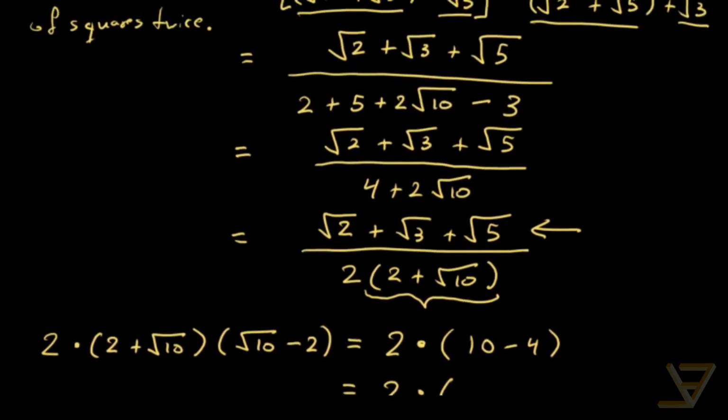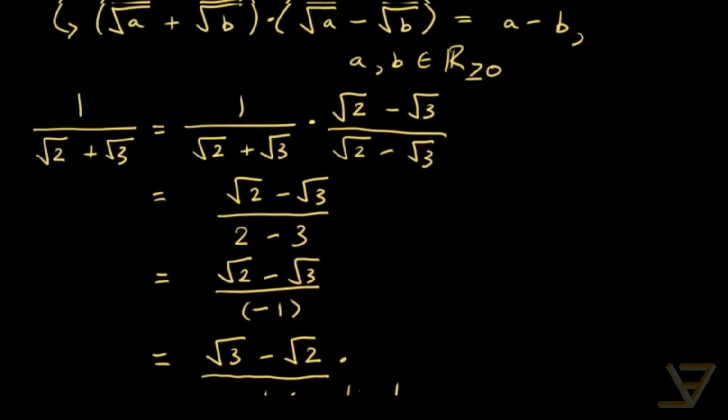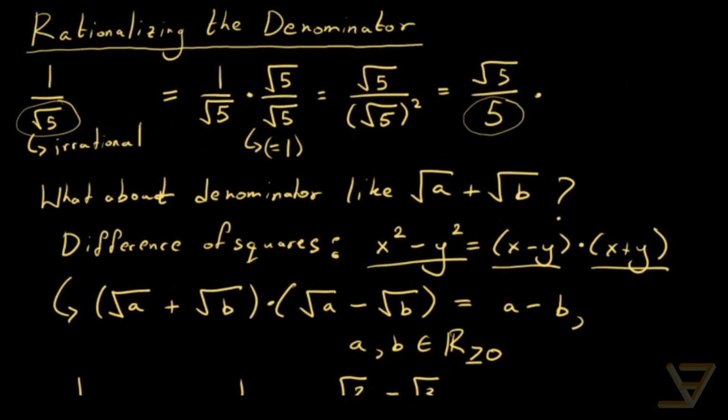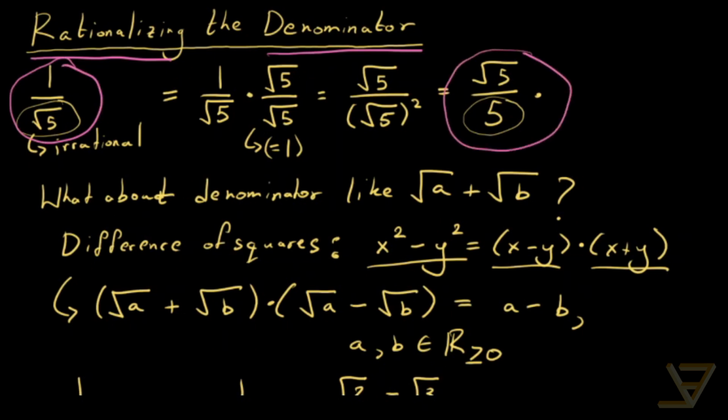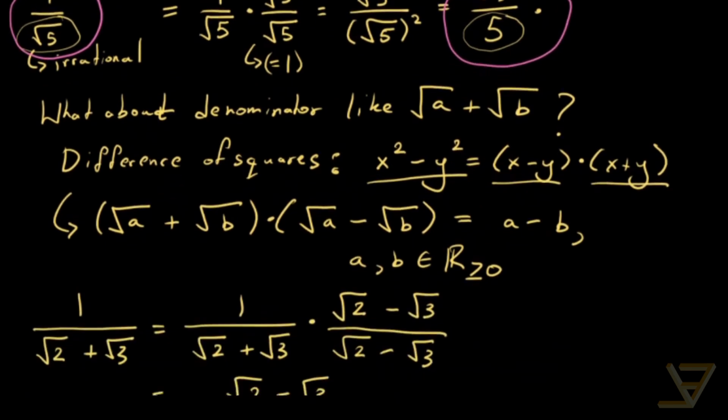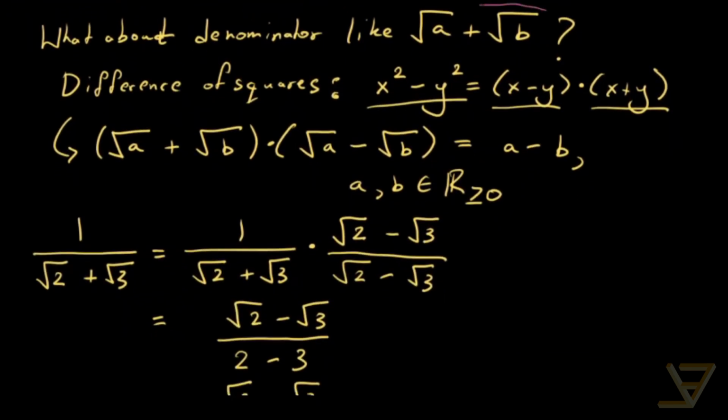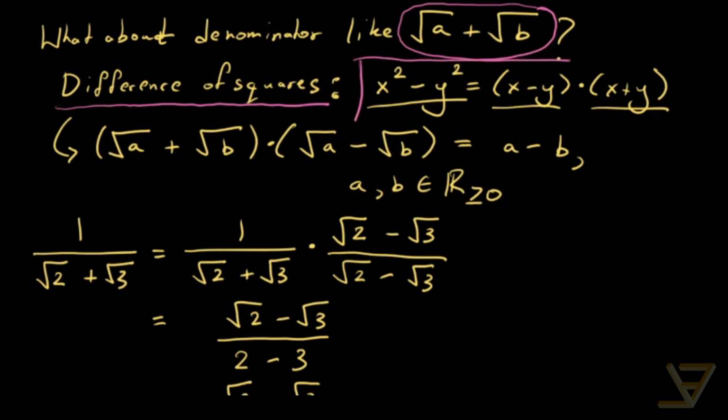Okay, so let's do a quick summary of what we did today. We were looking at rationalizing the denominator. I gave you a simple example where you have 1 over square root of 5 and how to rationalize that denominator so it looks like square root of 5 over 5. Then we looked at the possibility of a more complicated denominator where there's a sum of 2 square roots, and we discovered that it can be rationalized using the difference of squares factorization, which is this over here.